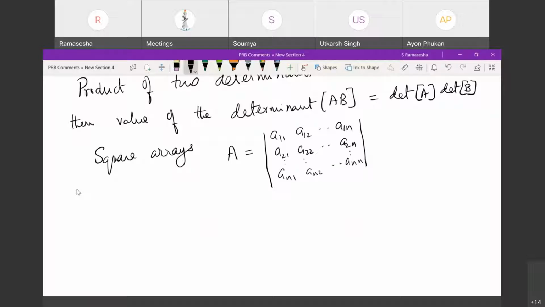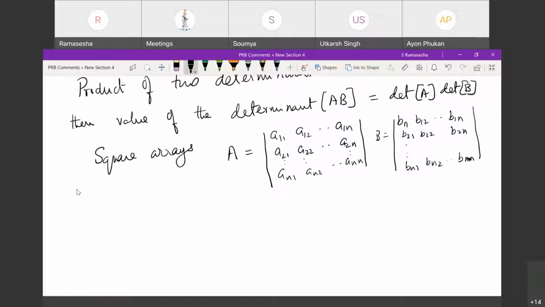And similarly, B is equal to B11, B12, ..., B1n, B21, B22, ..., Bn1, Bn2, ..., Bnn.